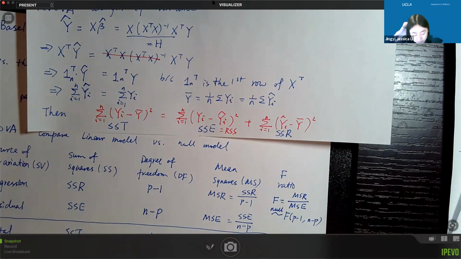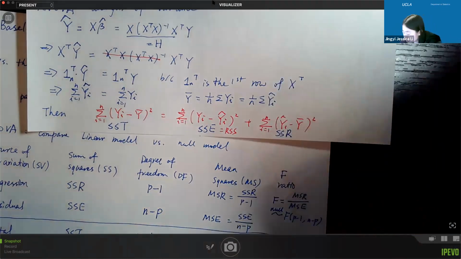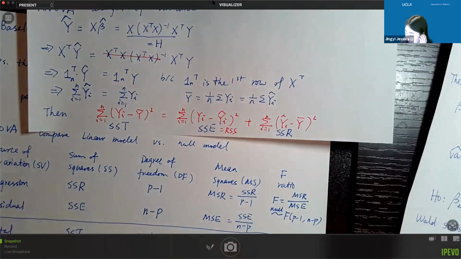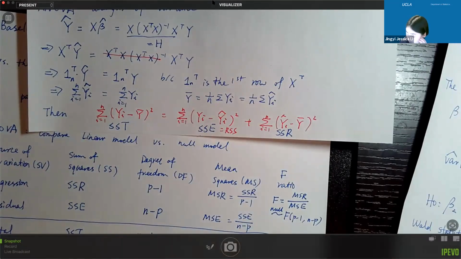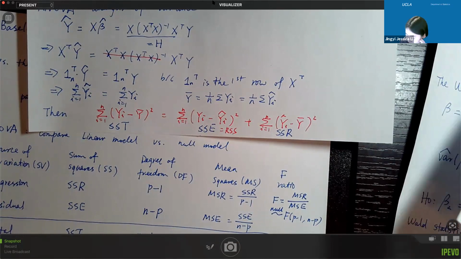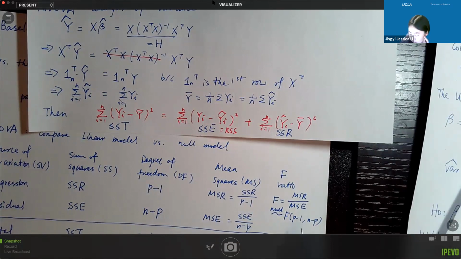And you can see that it shares some similarity with the Wald test. In the Wald test, we also have the F statistic. But over there, we actually define it in a slightly different way. So the Wald statistic and the F statistic here are not the same thing. But very interestingly, their asymptotic null distribution, or if we're under the Gaussian normality model, it's not asymptotic, it's exact, is the same.